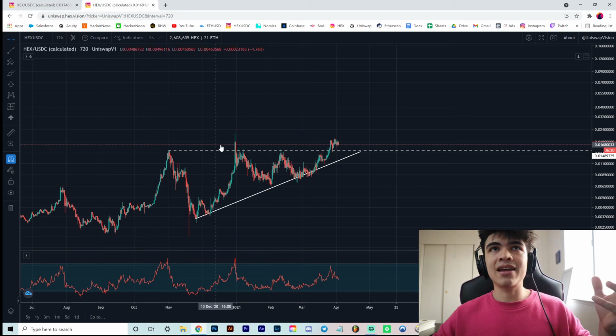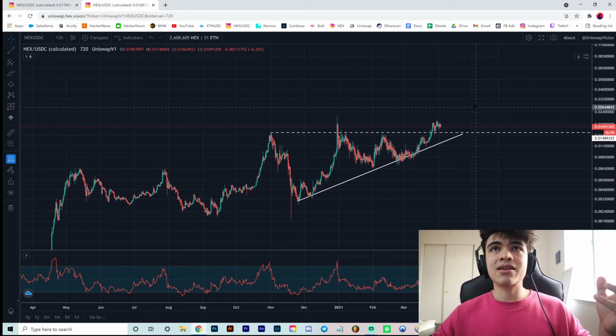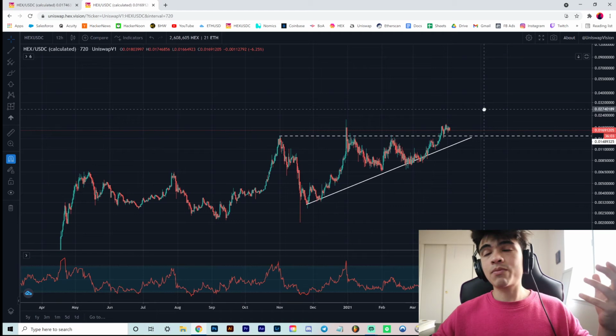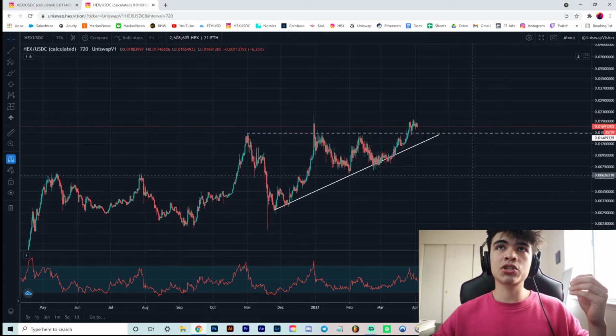You could say that we tested this level once, twice. This is a few times actually, and then thrice here. And the fourth time we came through it, we actually broke it recently and have come down to test it as support. So this here, to many people, including myself, could be interpreted as extremely bullish.